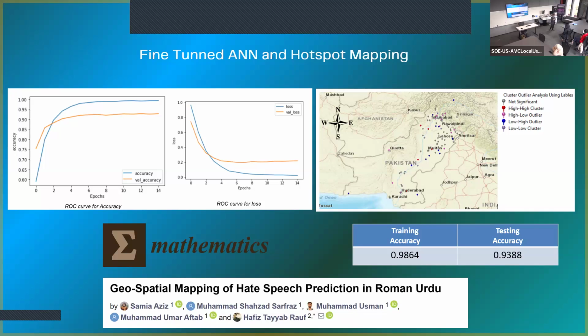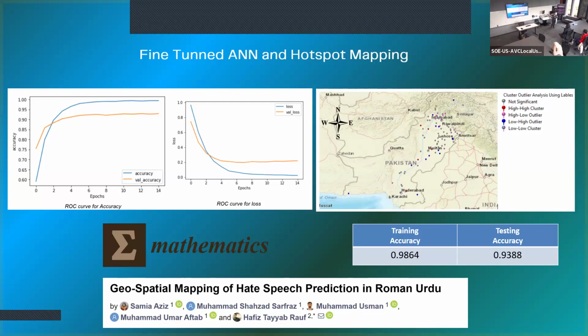We could see what types of comments are being generated by users from which area. So it gives us another picture: in this specific area, the community has a very negative impression of this specific political party.